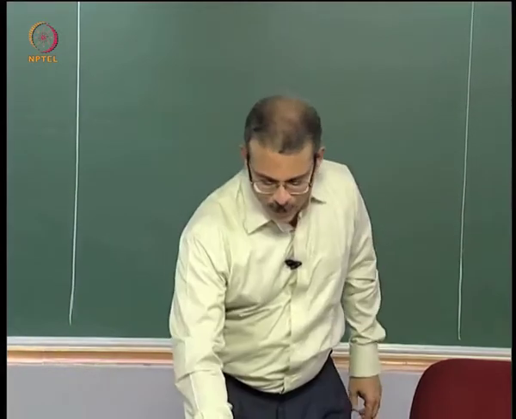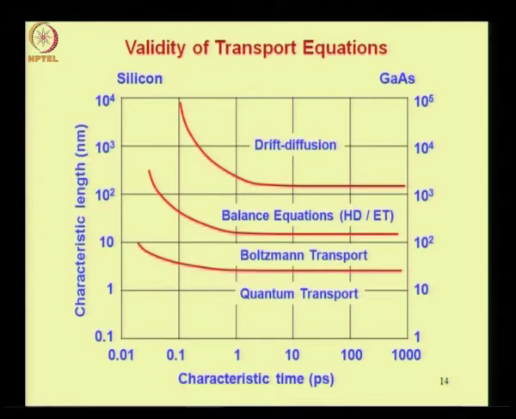For example, look at this slide, which was presented in the discussion of transport equations. The limitations of various transport models are indicated here, and the red curves indicate the boundaries within which each of these methods is valid or used.